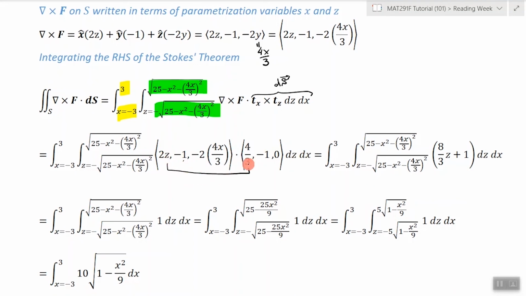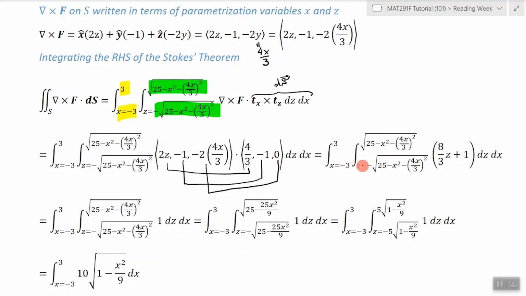These two components give me 8z over 3 right here. -1 times -1 gives me 1, sorry. And then these two components give me 0 because of this 0 over here.